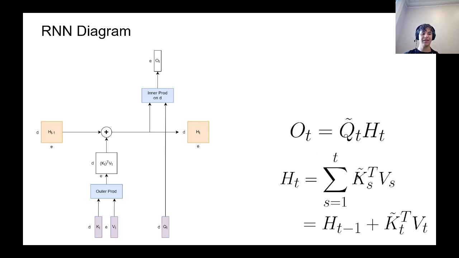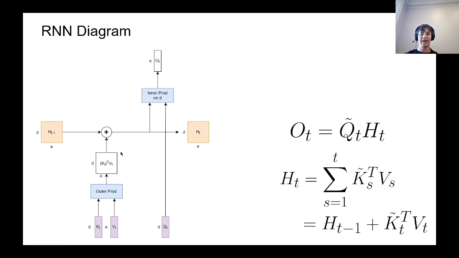So this is the RNN diagram. This is our hidden state here. In the hidden state, you take the outer product of k and v. So these are all the past keys and values. This is our current token. So maybe this is "the cat sat". This represents "the cat sat", the sum of all three of those outer products. And this represents the key, query and value for the word "on". So you have your keys, you have your values, you take the outer product of those two.